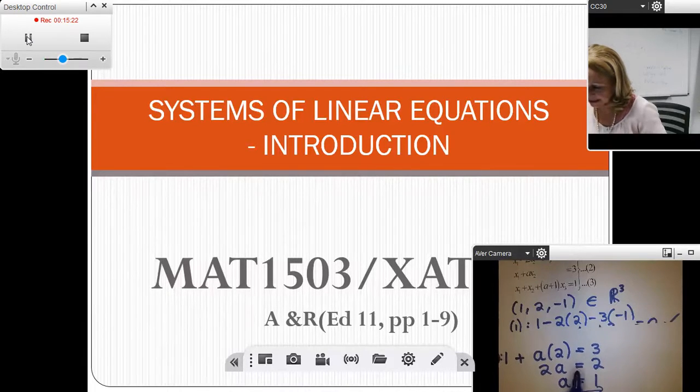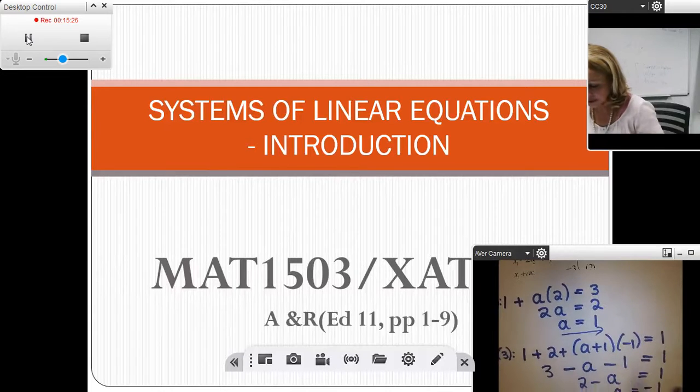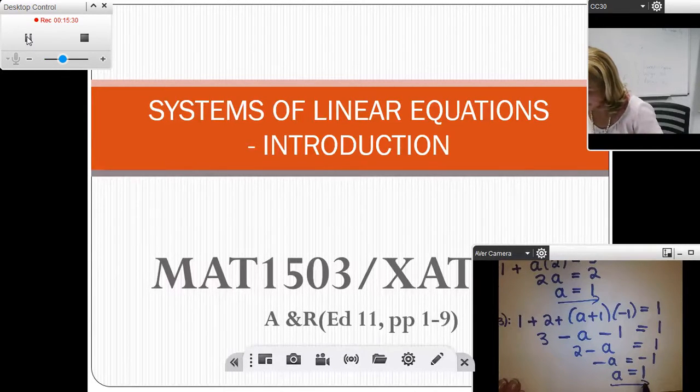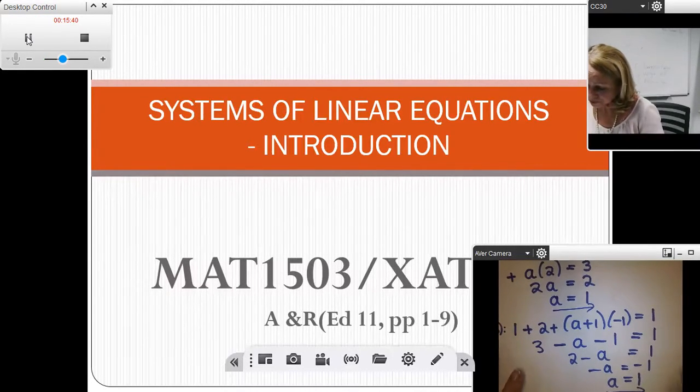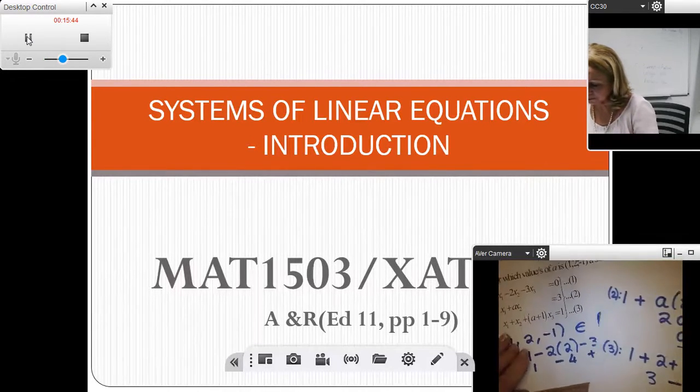Then we tested equation 2, and we got A equal to 1. Then we tested equation 3, and A is also equal to 1. Because these two values of A correspond in equations 2 and 3, we can say that A equals 1 is therefore the correct answer to example 1.